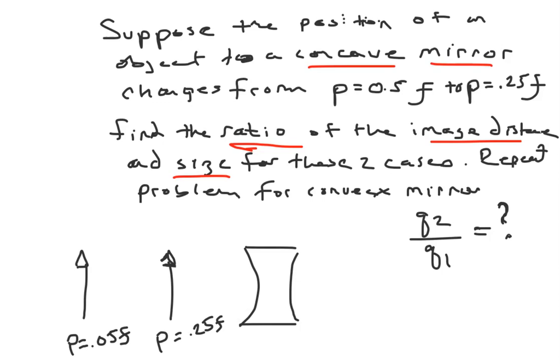There's two. He wants the ratio of the image distance and size. He wants the ratio of the image distance, which is what this is, and size. If that's confusing, read it separately: find the ratio of the image distance and find the ratio of the size.